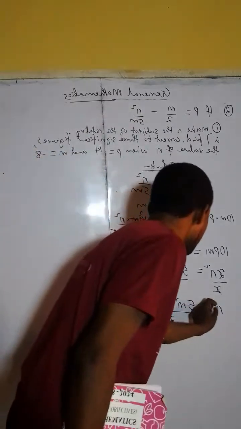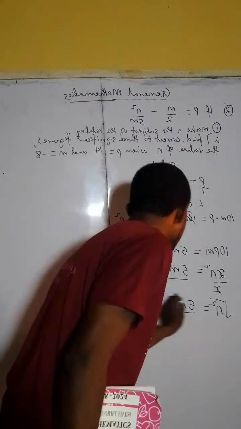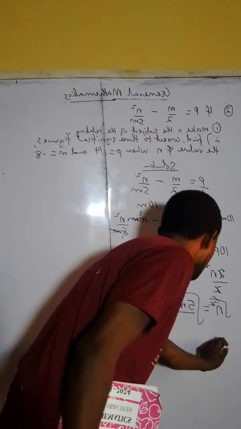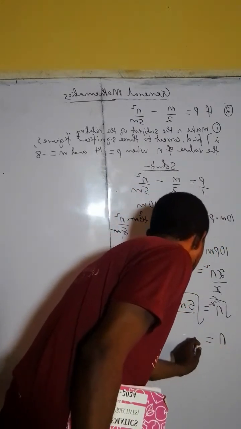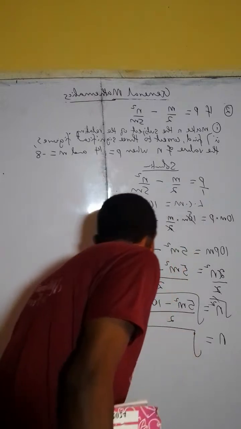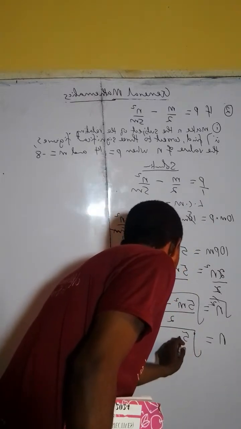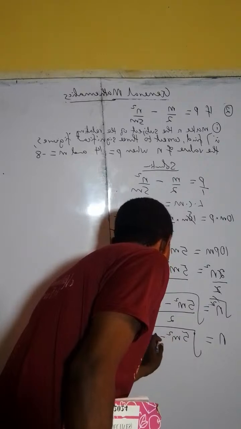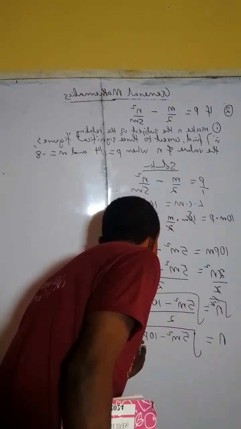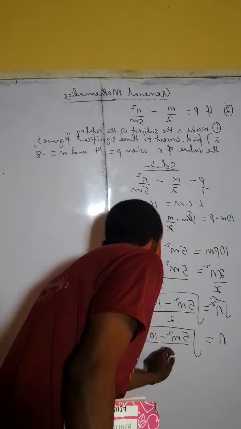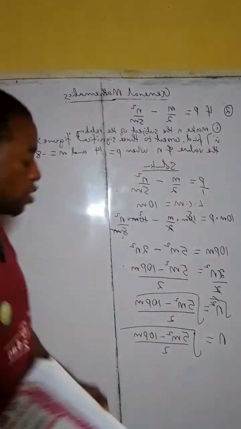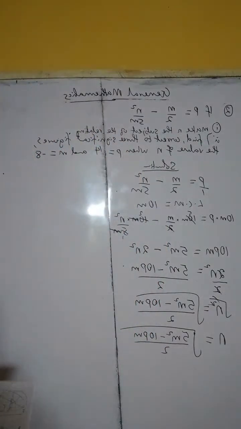Square cancels square root here, we have n now equals to square root of 5m squared minus 10pm, then over 2 here.